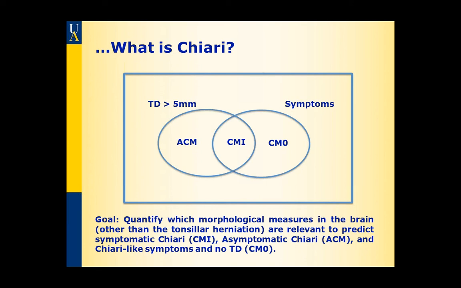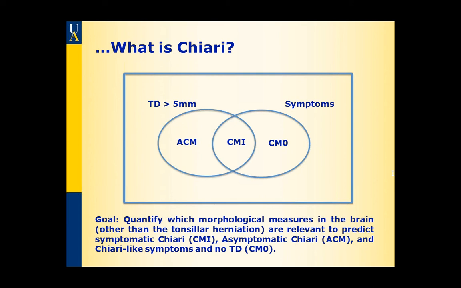I think that what they gave us is obviously the Chiari patients that have more than 5 millimeters of descent. They gave us the healthy subjects, and now they've given us the mild ones, the ones that are like Chiari 0. They do not have 5 millimeters, but they do have symptoms of Chiari. Yes, you're right, we haven't looked at those, but I predict they're going to be the toughest ones to deal with because they just are different.